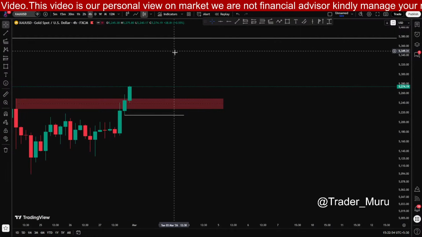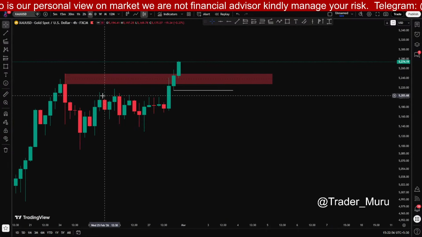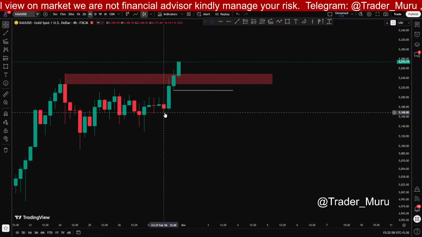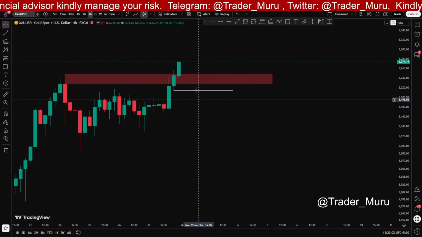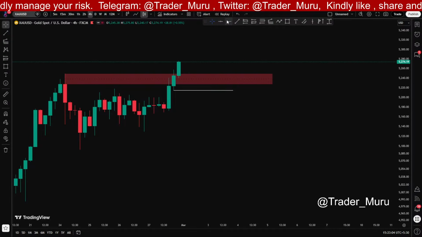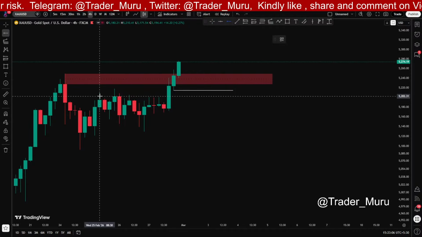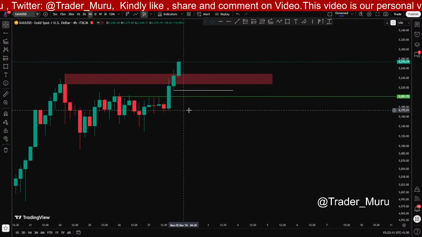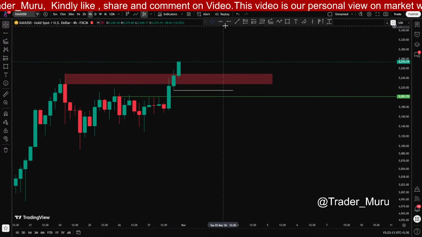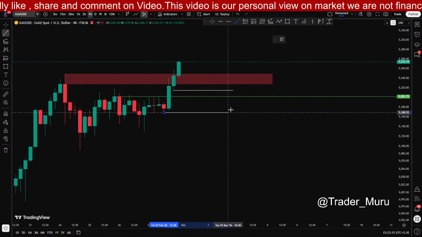Possible test here and again pump. And if you are going long from 5200 area, your stop loss will be below this red candle. This one here. If you are going long from here, your stop loss will be below this candle.